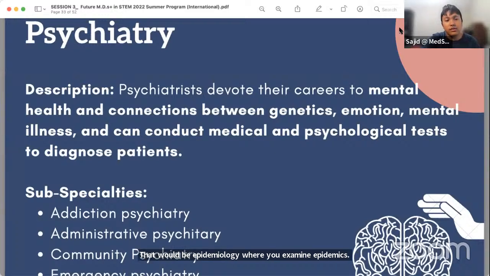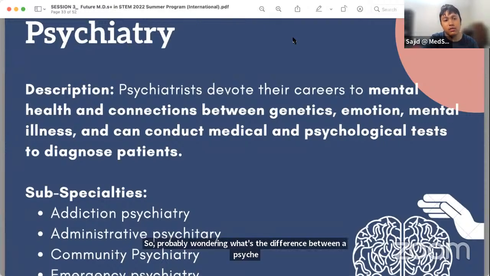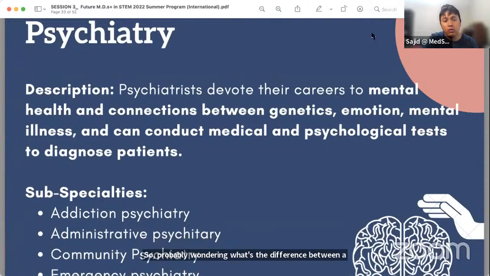Psychiatry. Okay, so psychiatrists devote their careers to mental health and connections between genetics, emotion, and mental illness, and can conduct medical and psychological tests to diagnose patients. So you're probably wondering what's the difference between a psychiatrist and a psychologist. I think that's a really common question people wonder about.